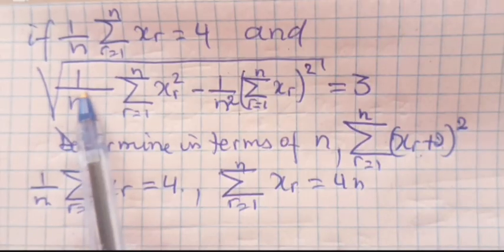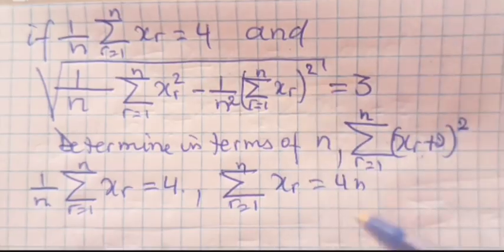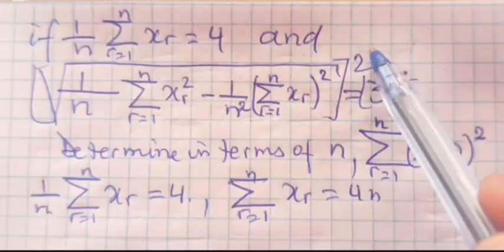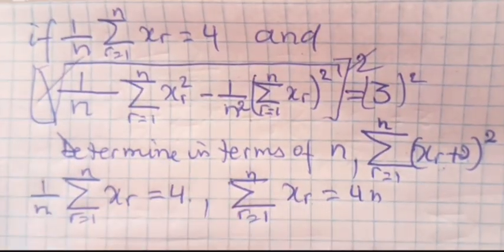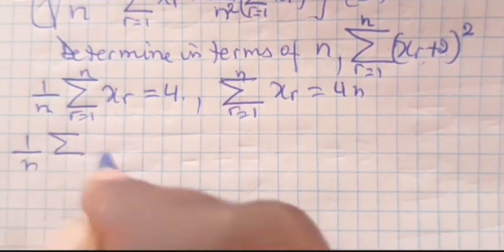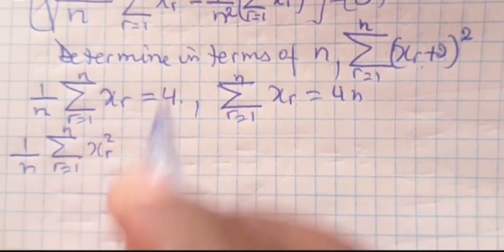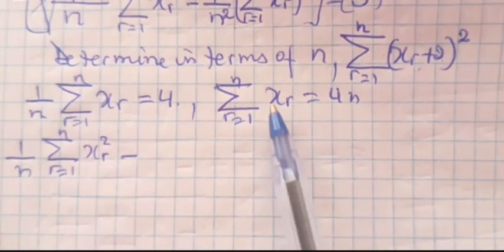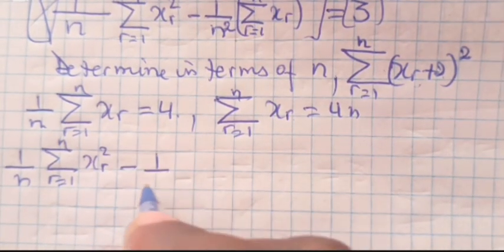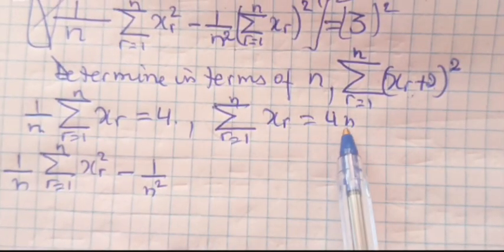Now, as you have the square root here, what will happen if we square both sides? Squaring the right as we square the left, the square will remove the square root, and this will be 1 over n times the sum of xr squared as r comes from 1 to n, minus, as we saw the sum of xr is 4n, so here we need to subtract 1 over n squared, and instead of the sum of xr, let's have 4n.